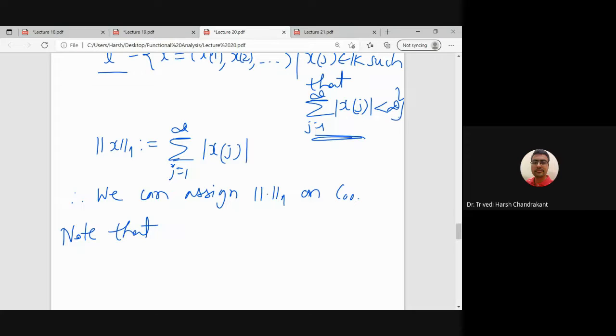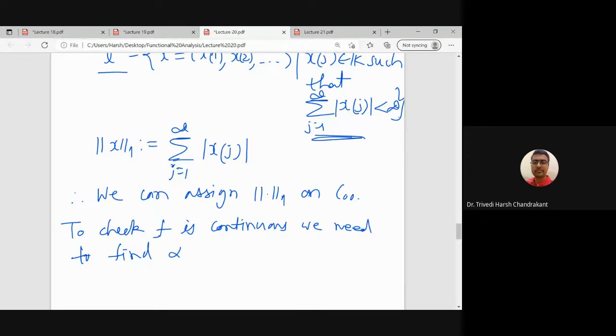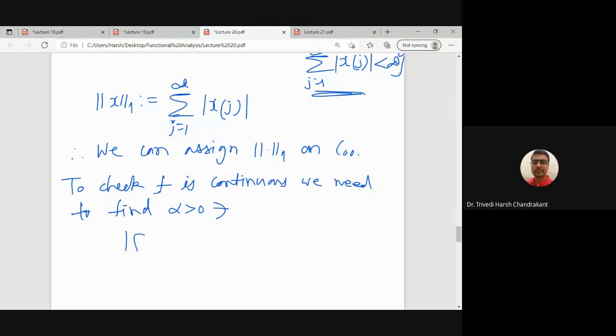So let us write down the criteria of continuity. To check f is continuous, we need to find alpha greater than 0 such that modulus of f(x) is less than or equal to alpha times norm of x.